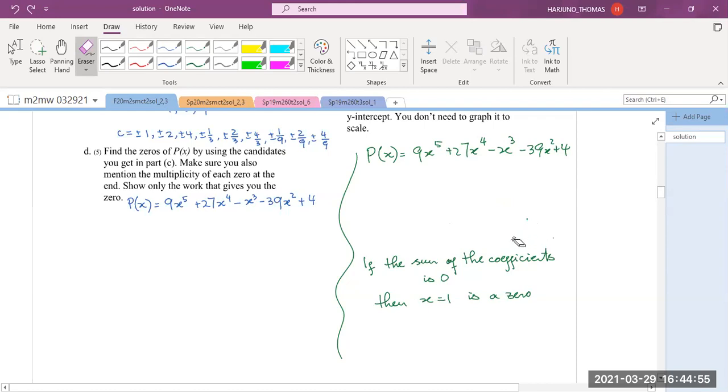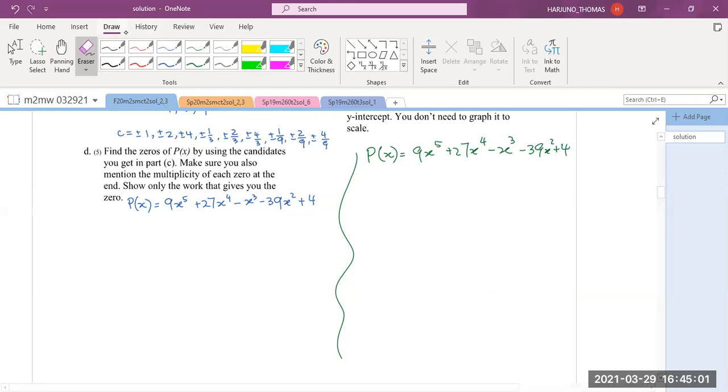Now, let's take a look. Notice that when I add the coefficients, just imagine if I put P(1), right? When I use P(1), you will see that's 9 times 1 to the 5th, which is 9, plus 27 times 1 to the 4th, which is 27, minus 1 minus 39 plus 4. Do you see that this is equal to 0?